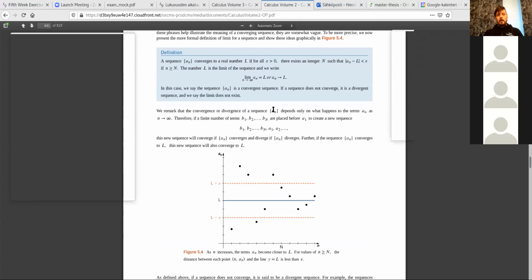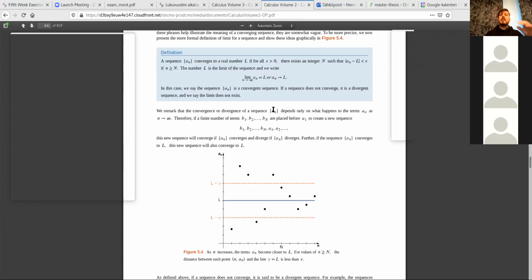So we say that a sequence converges to a real number L if for all epsilon, and notice how we are using the epsilon like we had in epsilon-delta, there exists an integer N such that whenever we take an index n greater than this capital N, then all the numbers in that sequence after that are closer to L than epsilon.